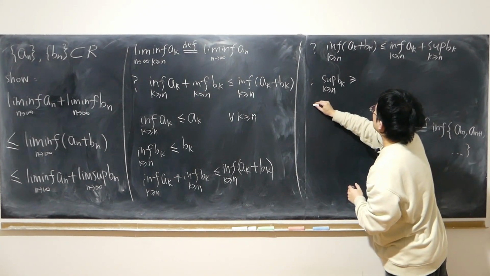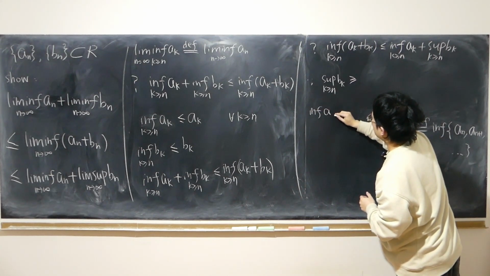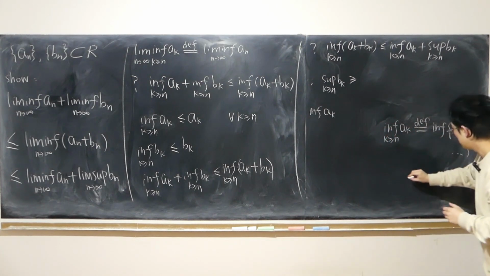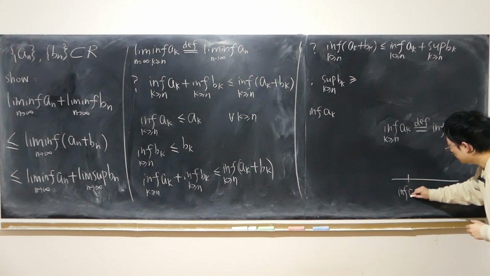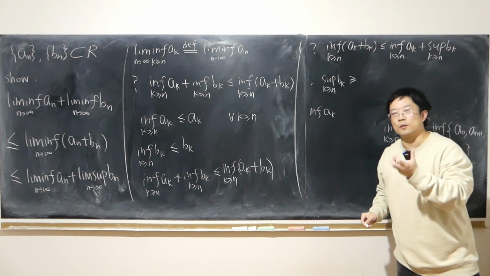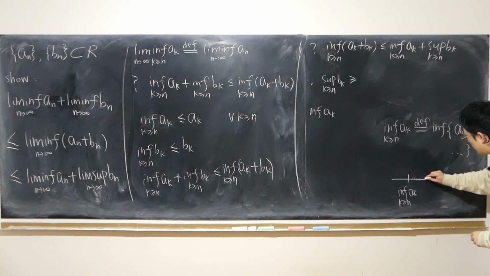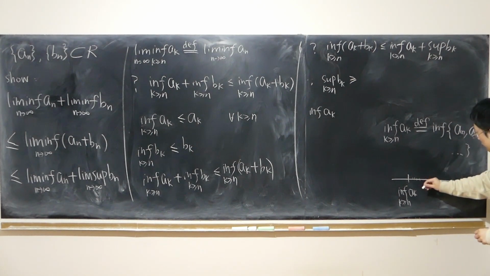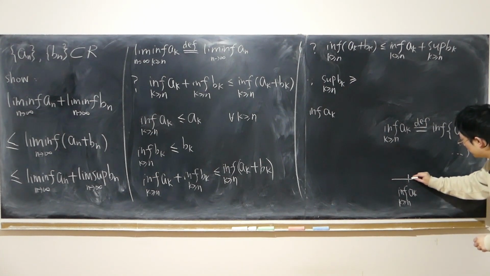Then we also know that the infimum of ak, by definition, like I said, is the biggest lower bound. It is a lower bound. These are all the elements from this set, right? Infinitely many. This is a lower bound, also the biggest lower bound.